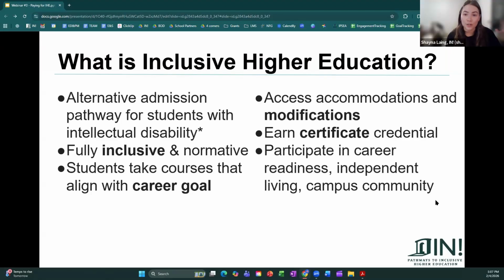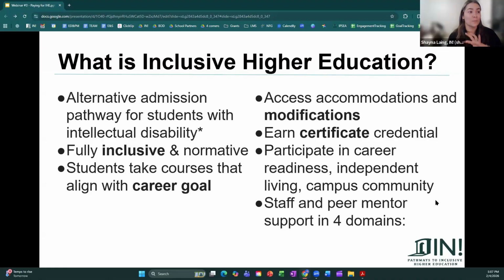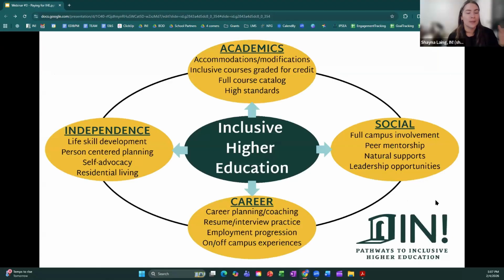And then during their time, they get to participate in career readiness, independent living experiences, and just general campus community and social engagement. All of that takes a lot of support for our students. And so there's a lot more peer mentor support and staff support in the four domains that I mentioned: academics, social, career, and independence.